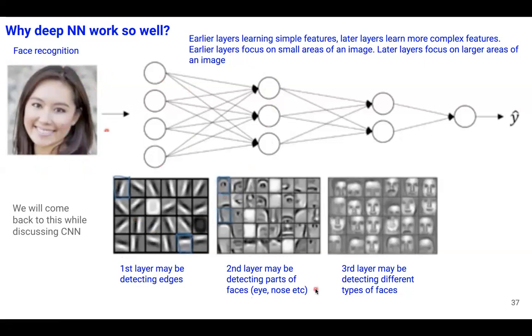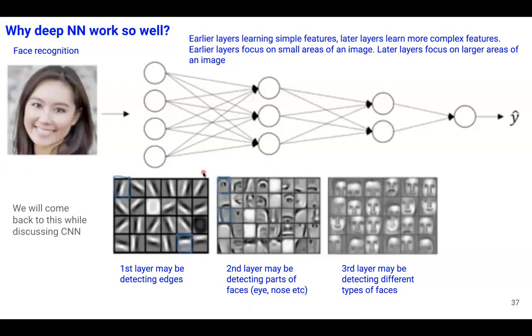Then when it goes deeper, it might be able to learn more complex features, like let's say the second layer maybe detecting parts of the faces, maybe it is trying to understand what is an eye and what is a nose and this kind of thing. And then the third layer or a deeper layer, maybe looking at the whole picture and trying to differentiate between different faces.